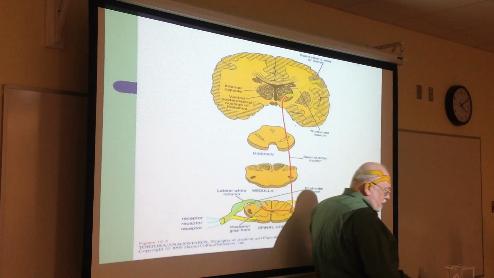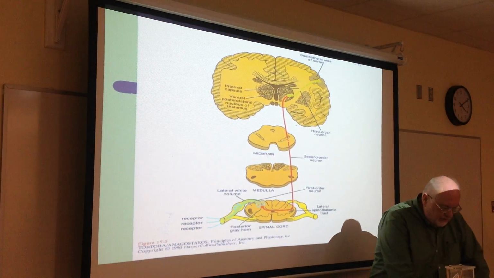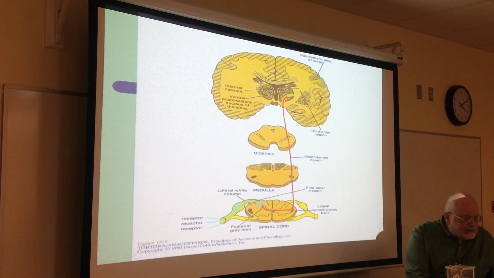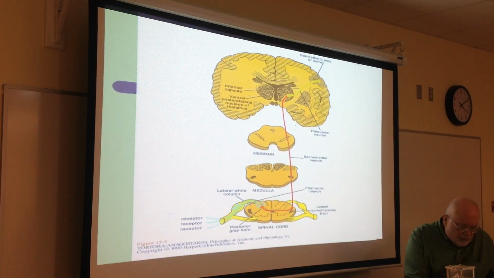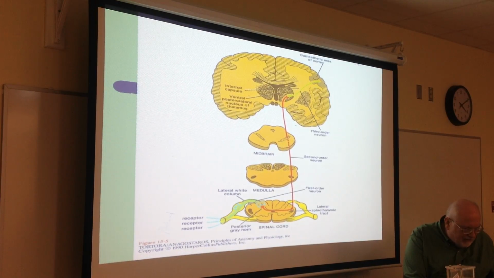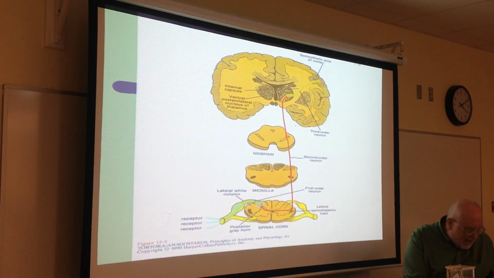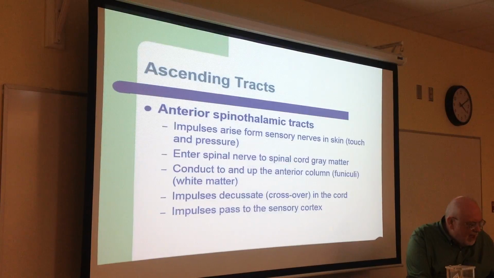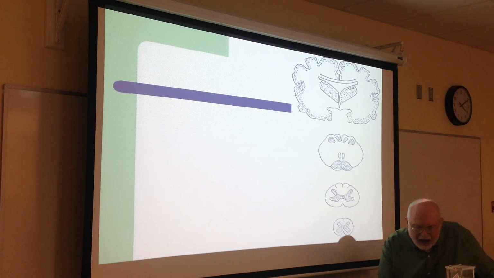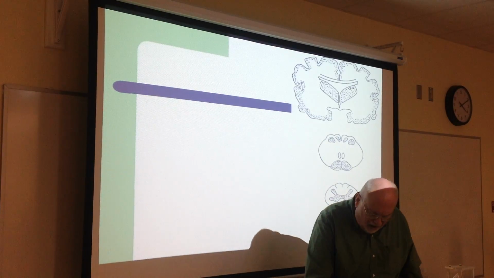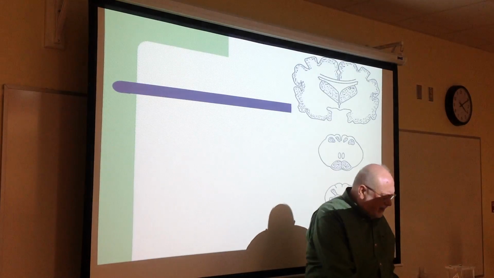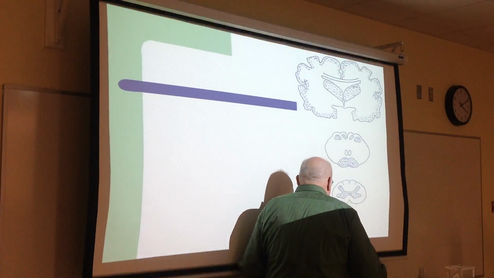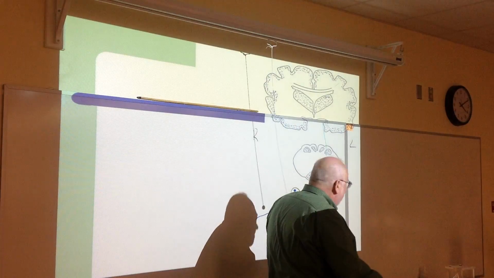Well, with that thought in mind, let's see if we can draw this one. Now, let me try something different. Maybe I just best not. I think we better stick with the old tried and true. So I'll erase that.